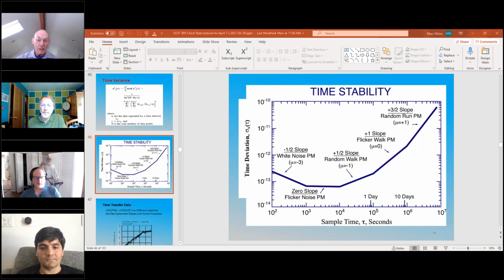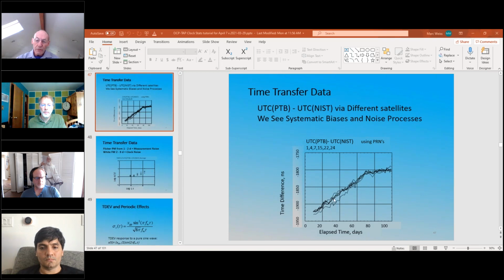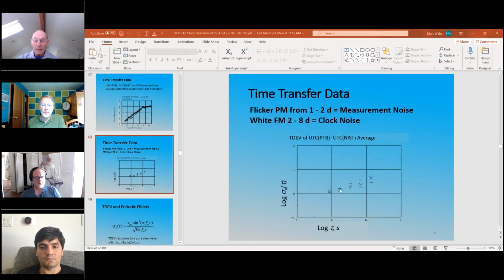In my example, I showed different satellite data, and if you do the TDEV of that, you find that the time transfer has a certain noise, and you can differentiate what the clocks are doing from what the time transfer noise is.